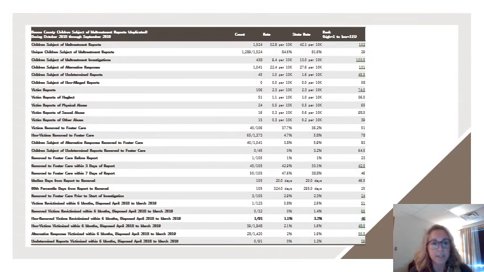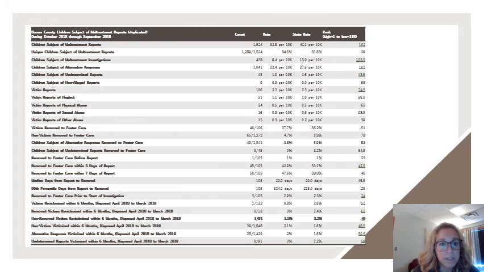Here's another chart that shows Boone County children subject to maltreatment reports. So this is kind of like a chart of how many hotline reports there are. The count, which is again a tremendous amount, from October 2008 to September 2019, of children subject to maltreatment reports, which is hotline reports in other words, is 1,524.